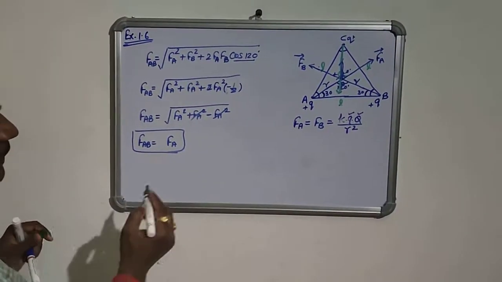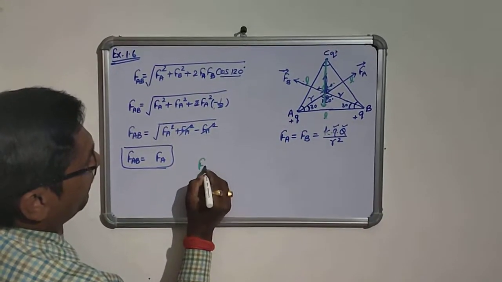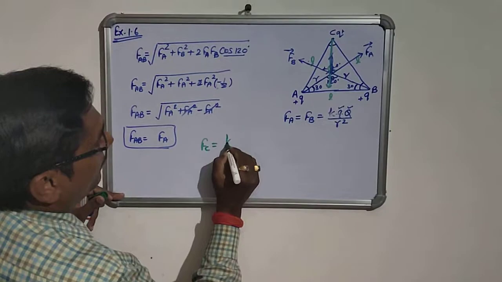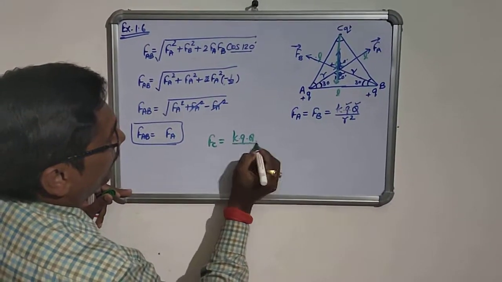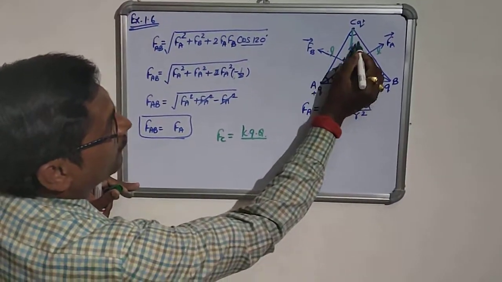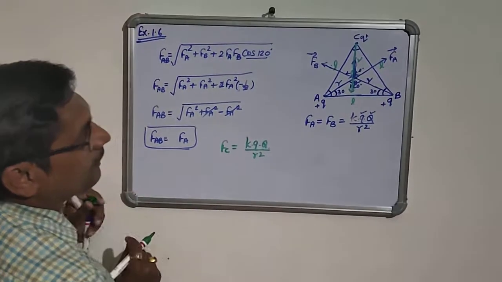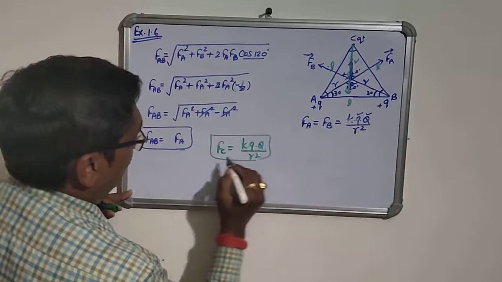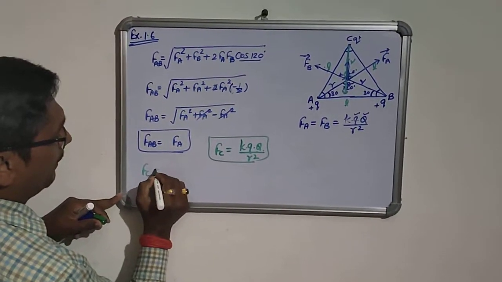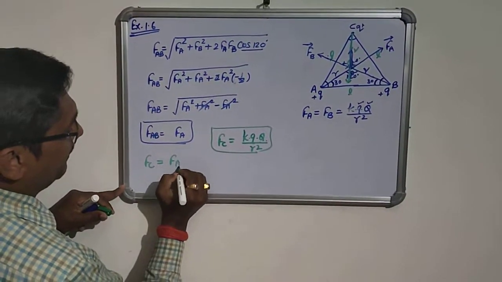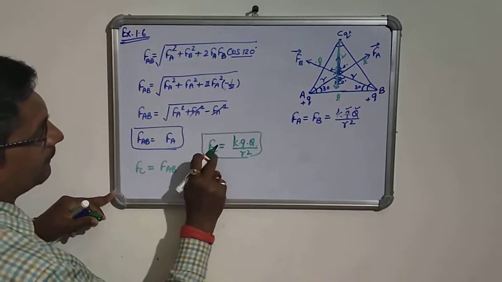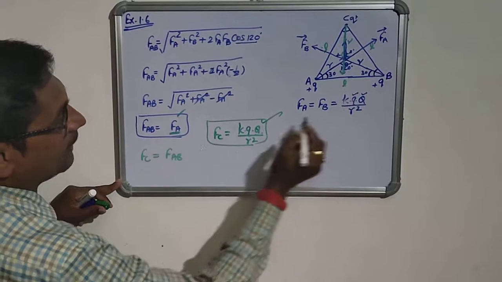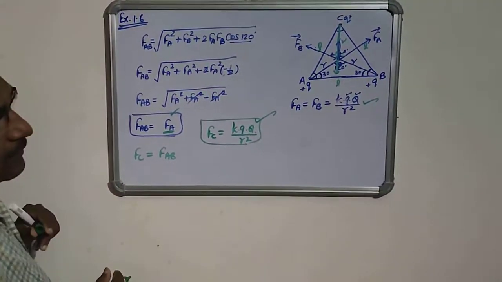So we can calculate FC is equal to kQ upon, and this is also distance r square. Then we can say FC is equal to FAB, FC and FAB, and is equal to FA, and FA is equal to kQ upon r square.